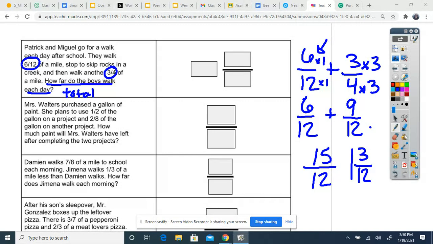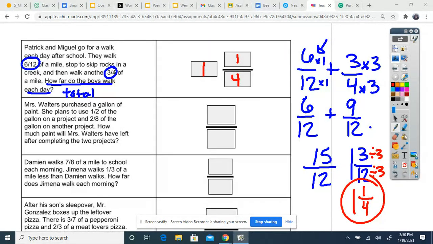So you need to ask yourself, what can 3 and 12 both be divided by? 3 and 12 can both be divided by 3. So you divide the top and bottom by 3. 3 divided by 3 is 1. 12 divided by 3 is 4. So 1 1/4 would be your answer for the first one.